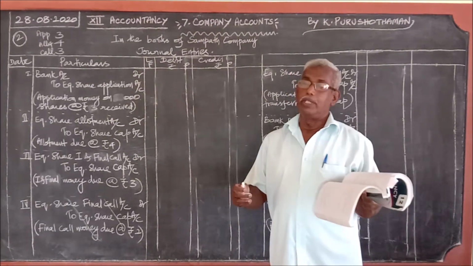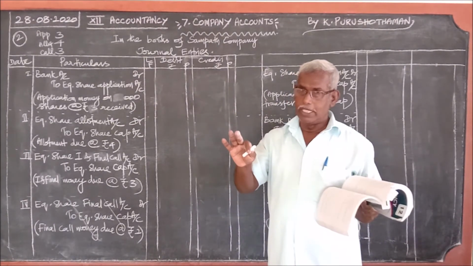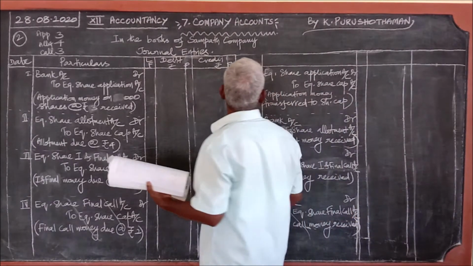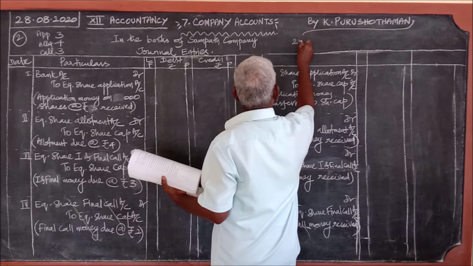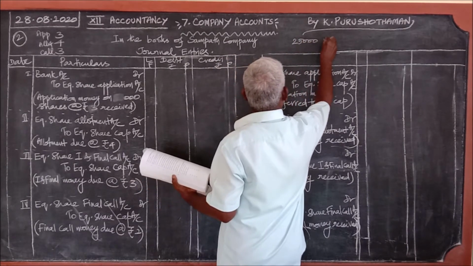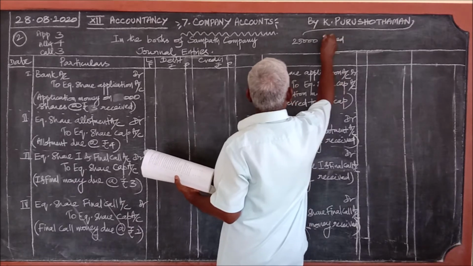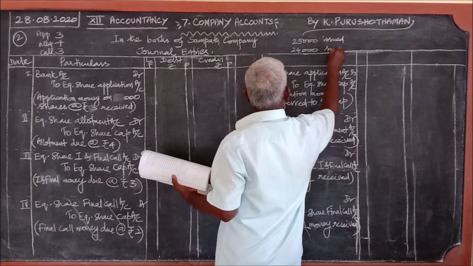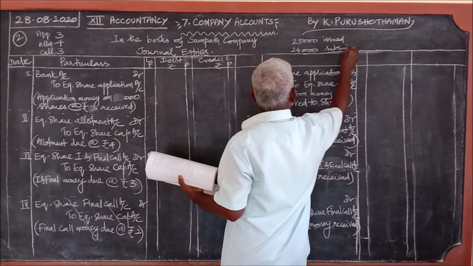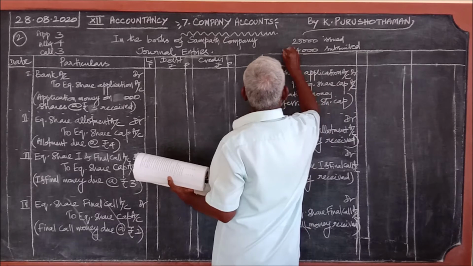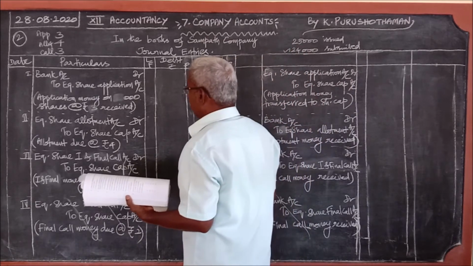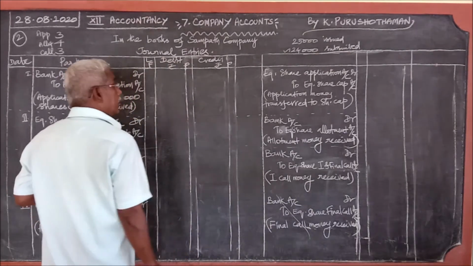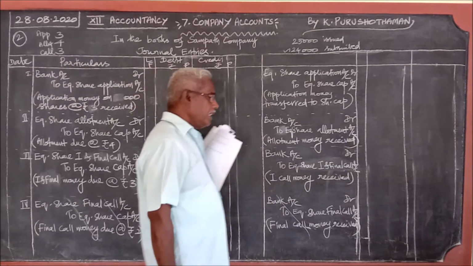Only for the number of shares the public subscribes. So though 25,000 shares are issued, the public subscribed only 24,000 shares. So you should take only 24,000, because only for 24,000 the money will be received. This is called under subscription.